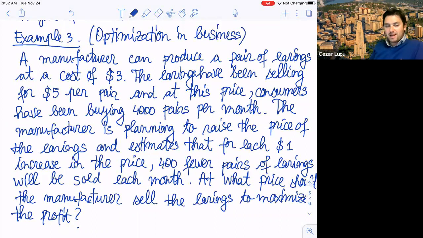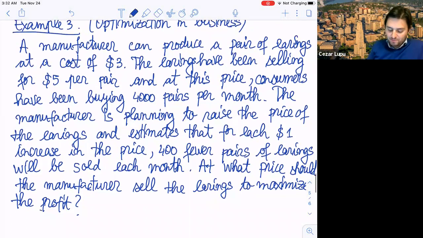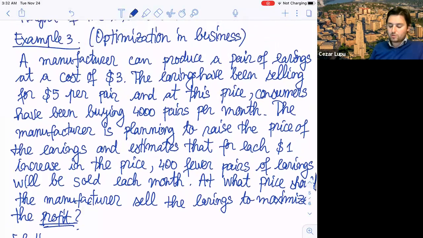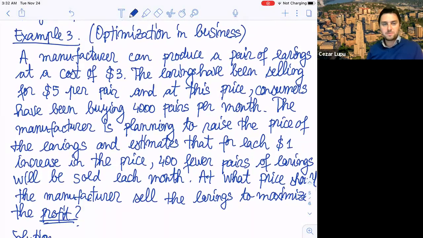let's see. So we want to maximize our profit, but we have to keep something in mind. I want you to look again at the statement.